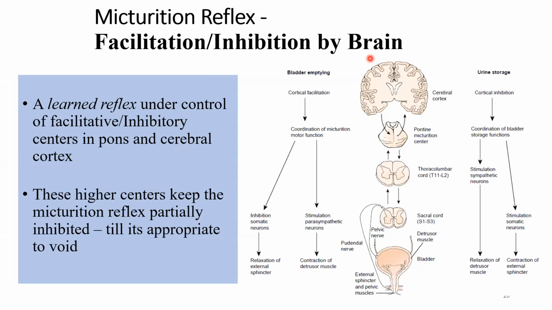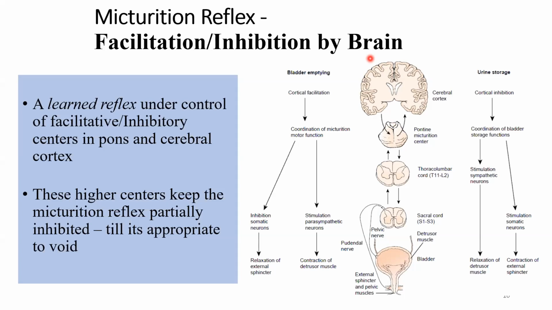But as you develop, as you myelinate those nerves and you develop the micturition reflex and the CNS, the CNS sends facilitatory or inhibitory signals coming down on the sacral segments, and hence its influence on the micturition reflex develops.